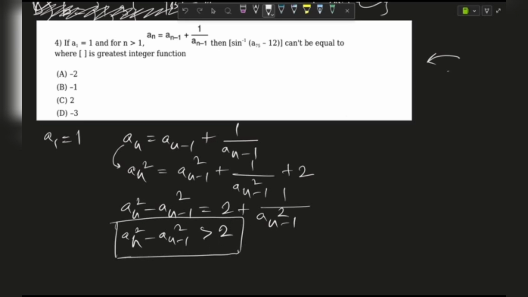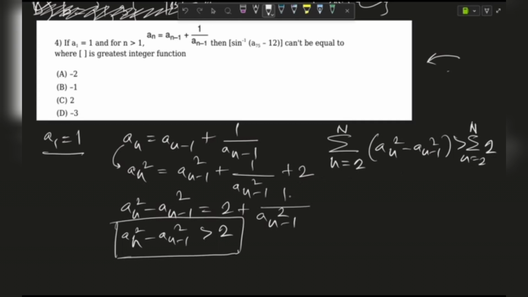Right. So what I will do is take sigma on both sides. Basically I'm trying to sum it up, sigma from n equals 2, because we already know a1, right? up to capital N, of an square minus an minus 1 square, and this is greater than sigma from n equals 2 to capital N of 2.